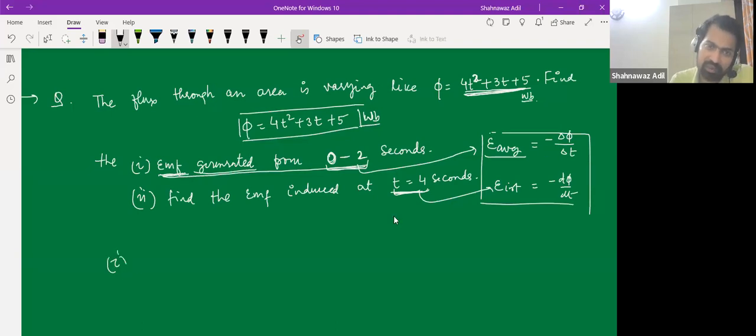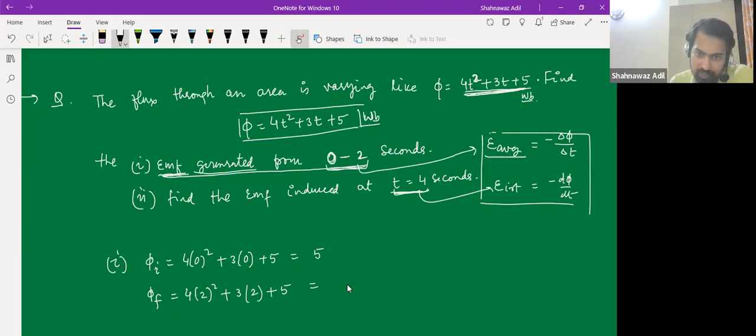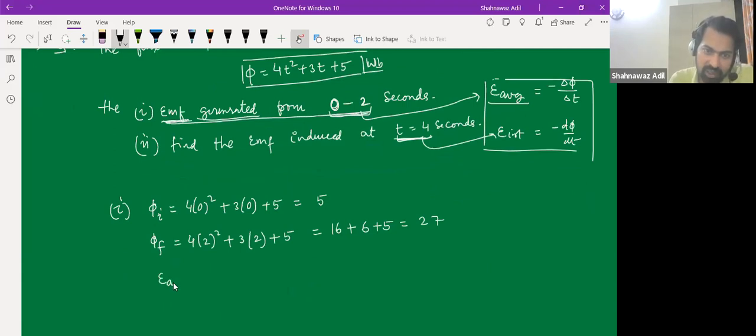Now let us calculate. Phi initial is 4 into 0 squared plus 3 into 0 plus 5, so this is 5. And phi final at t equal to 2 is 4 into 2 squared plus 3 into 2 plus 5, which is 16 plus 6 plus 5, so 27. Then EMF average is minus of phi 2 minus phi 1 divided by t2 minus t1.